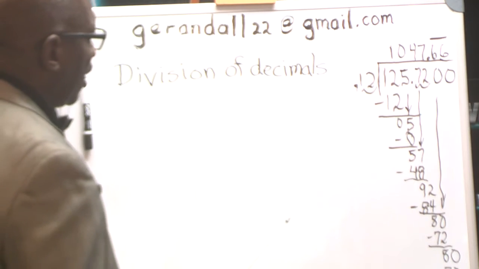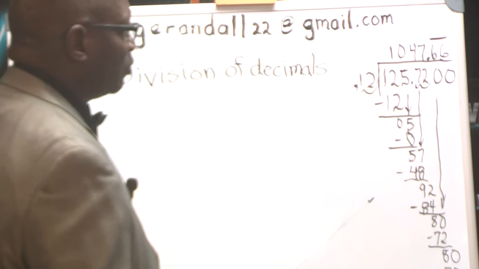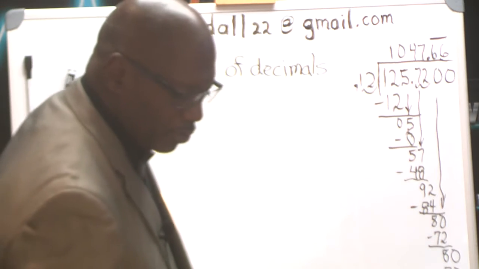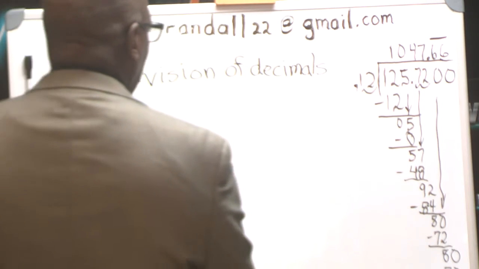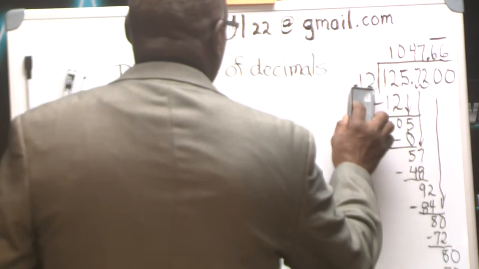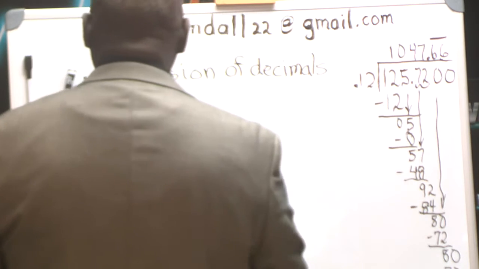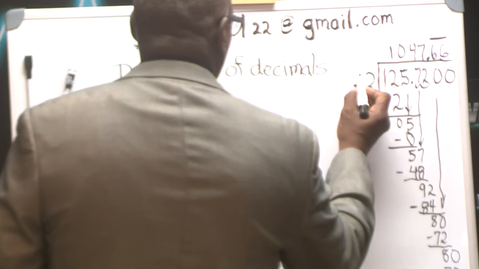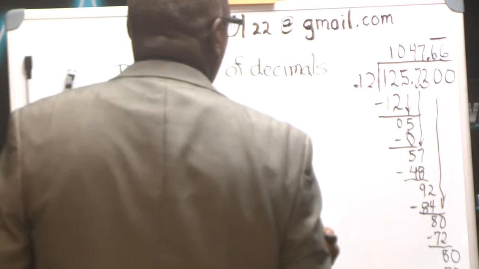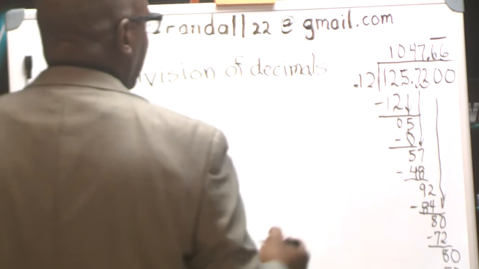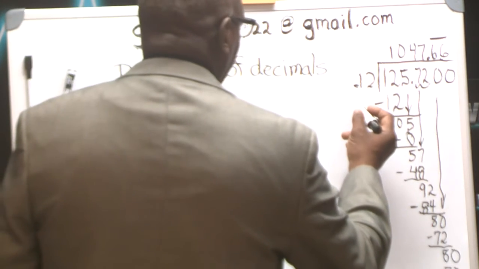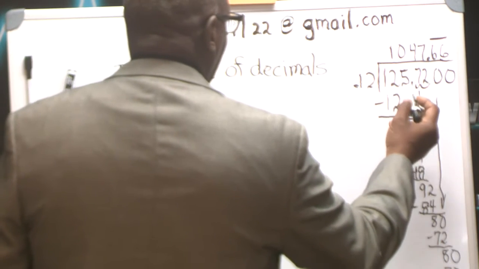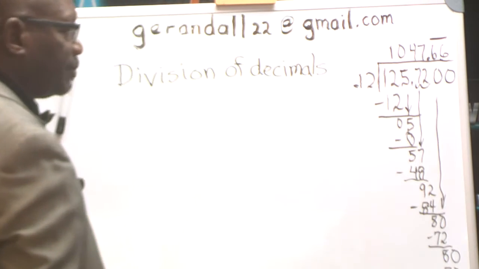Now, we had a problem up last week, when I was here last, and the first step in doing this, we start out with a decimal here where it says 12 hundredths. And the question is, how many 12 hundredths can you get out of 125 and 72 hundredths?